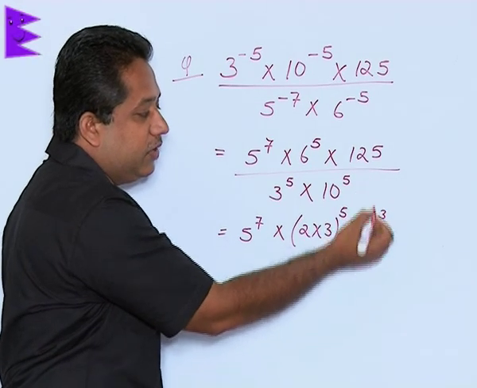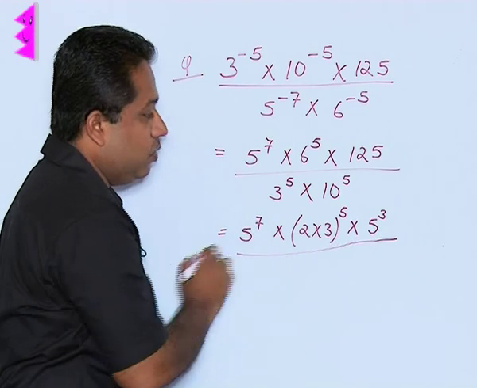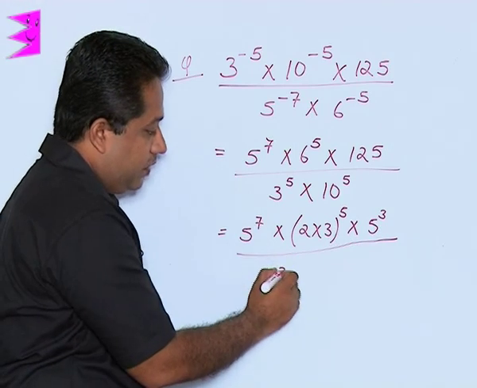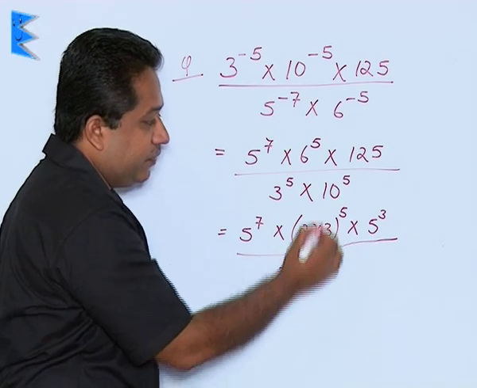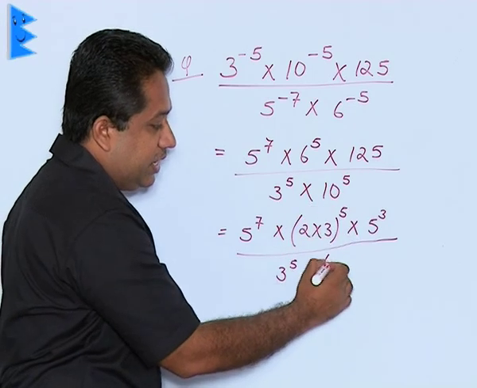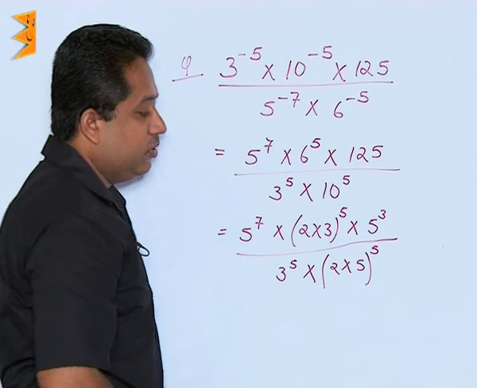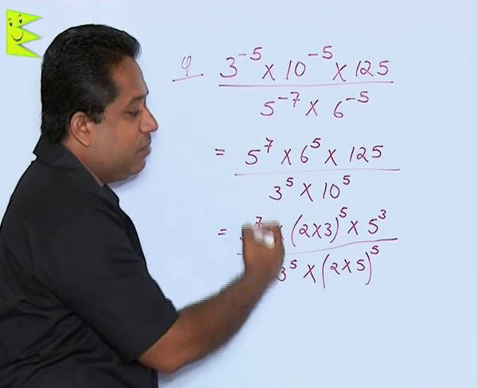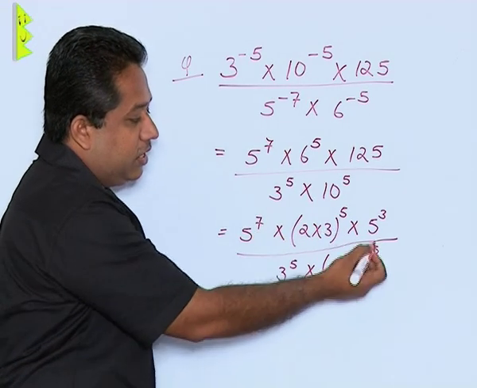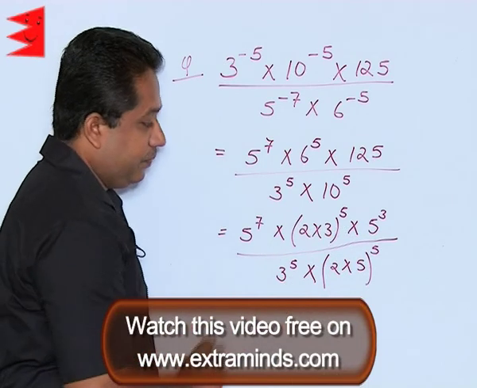So we can convert 125 as 5 cube upon 3 to the power 5 as it is, and this we can write as 2 multiplied by 5 raised to the power 5. So by doing this, we have simplified this in the prime factor form, lowest form.